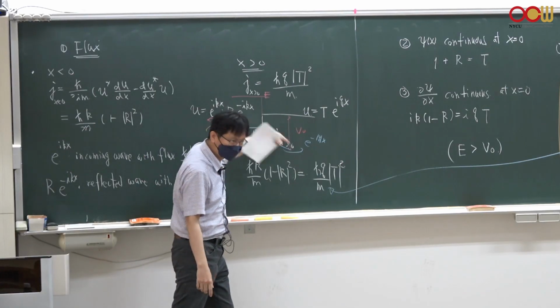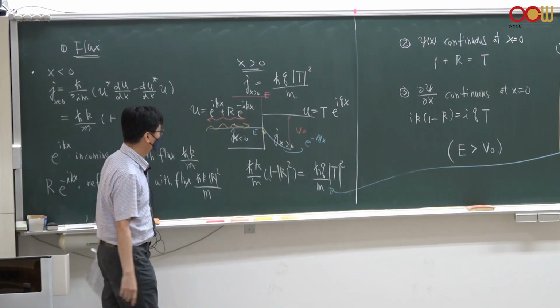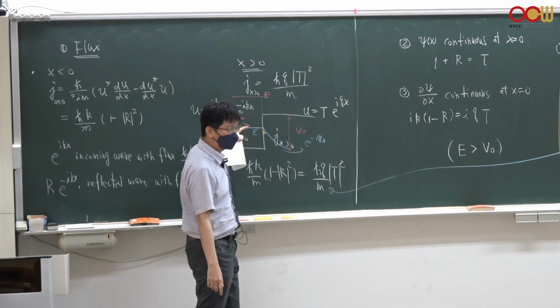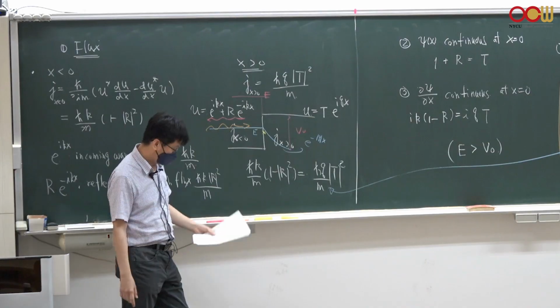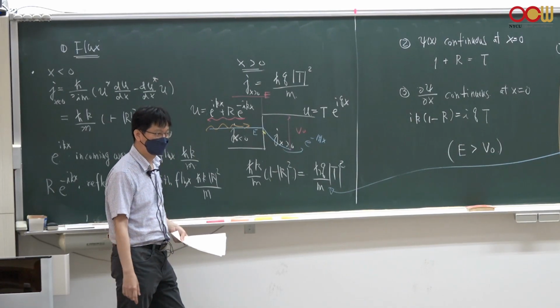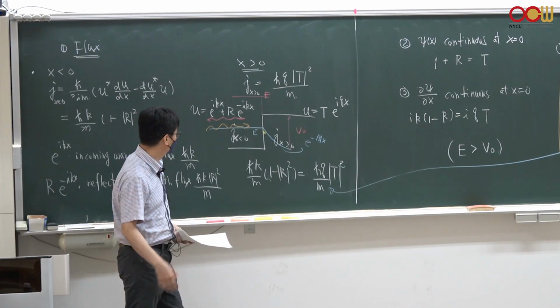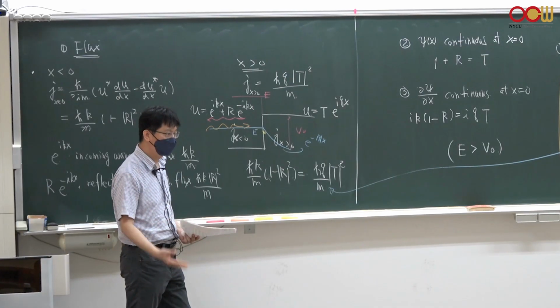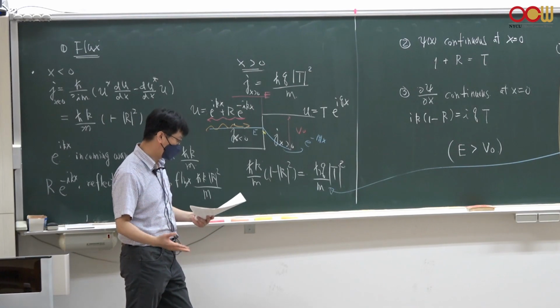You get something that leaks into the potential step on the other side, but then you still get the total reflection. Isn't that strange? Isn't that weird? It looks like something is not conserved. Either the probability is not conserved or the flux is not conserved.